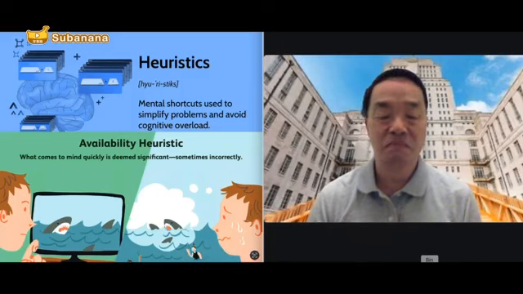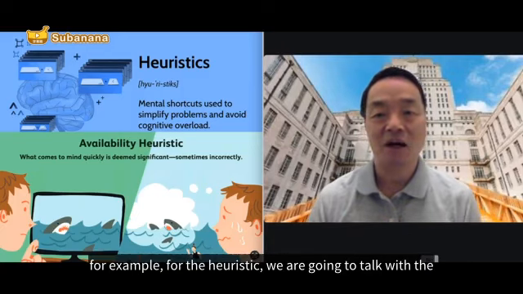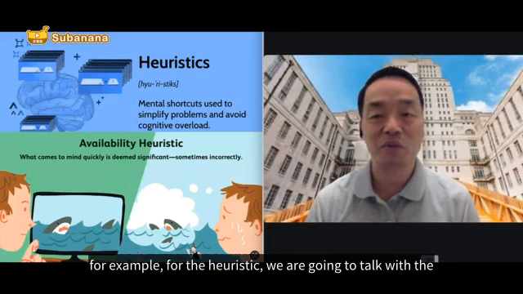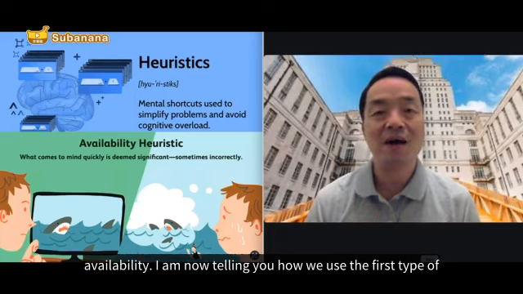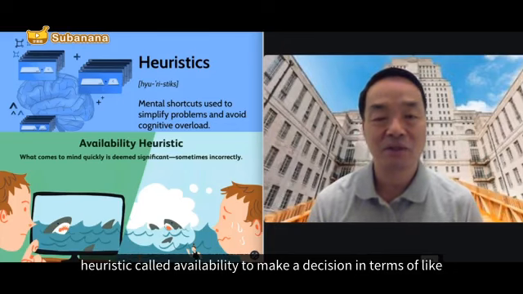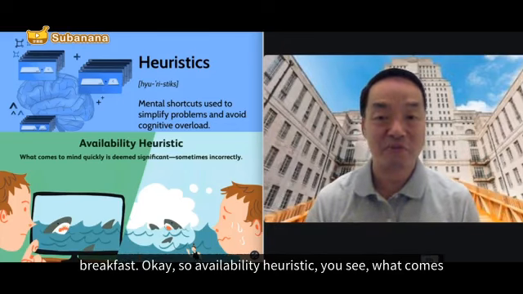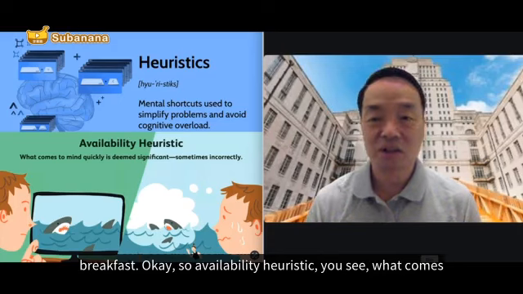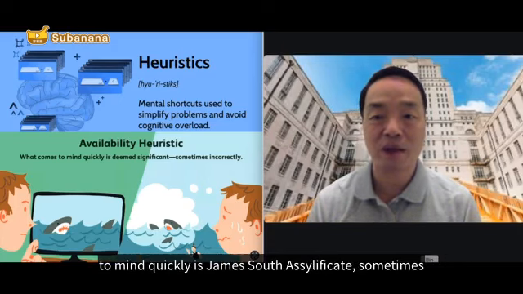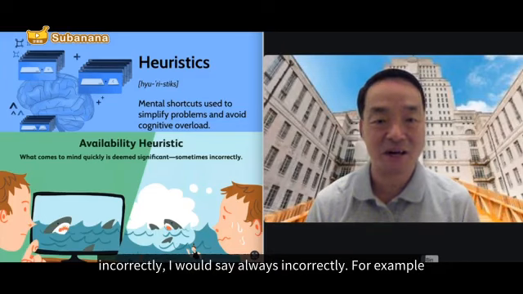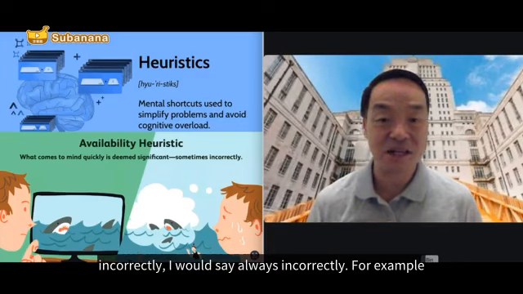For example, the heuristic we are going to talk about is availability. I'm now telling you how we use the first type of heuristic, called availability, to make a decision about breakfast. Availability heuristic: what comes to mind quickly is deemed significant, sometimes incorrectly. I would say always incorrectly.